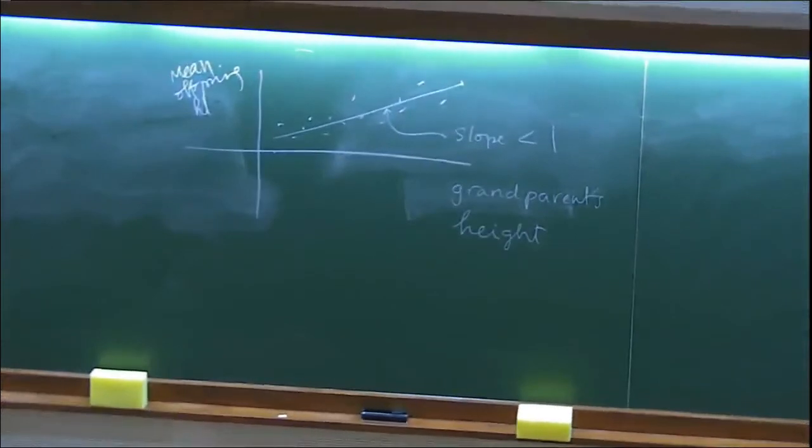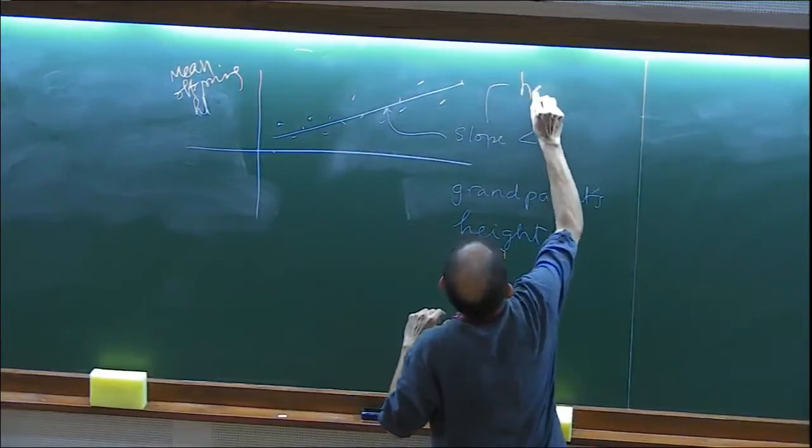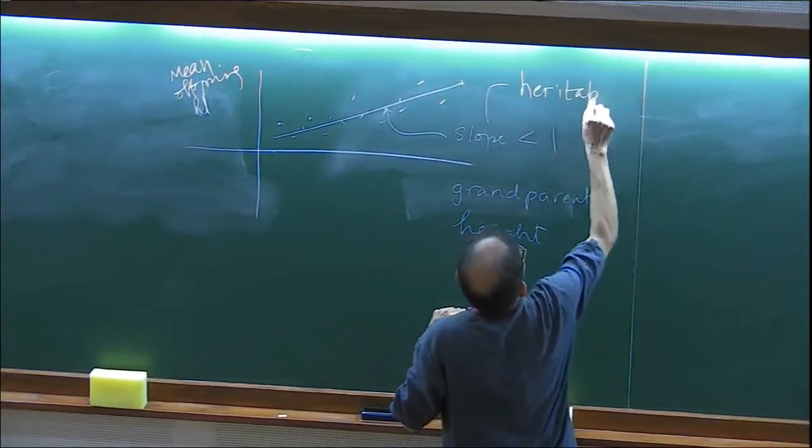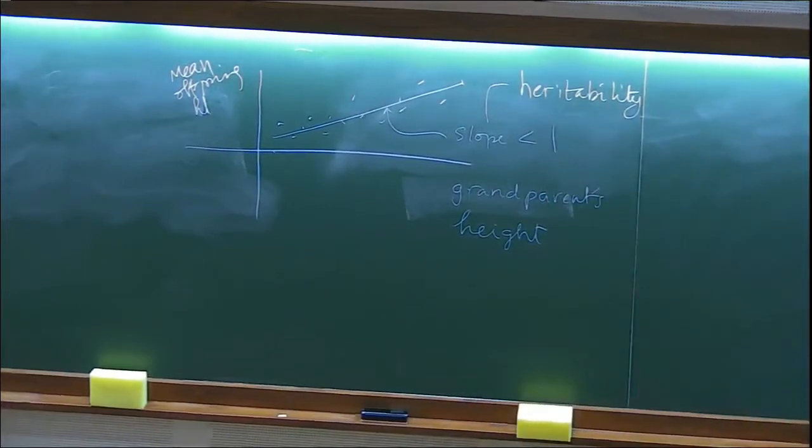And as we today understand it, that interpretation is actually wrong, but this slope, which he termed the heritability of the trait, is still called the heritability of the trait, and we still use it, but we interpret it very differently from how Galton did, and we'll talk about that in the second talk after coffee.